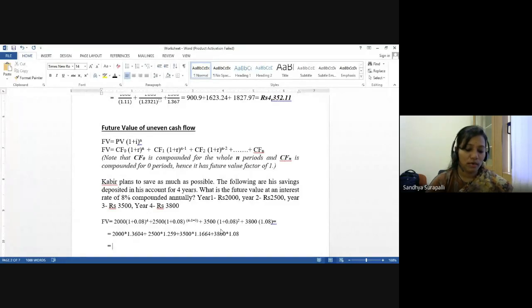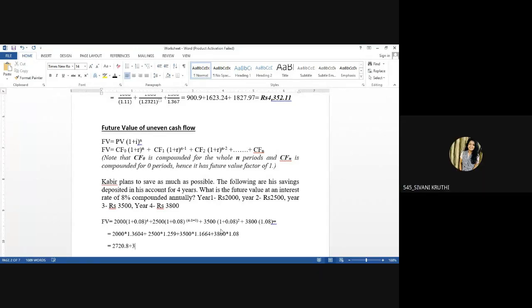So 2000 multiplied with 1.3604, 2720.8. Can you tell me? 3149.28. Next. 4082.4.